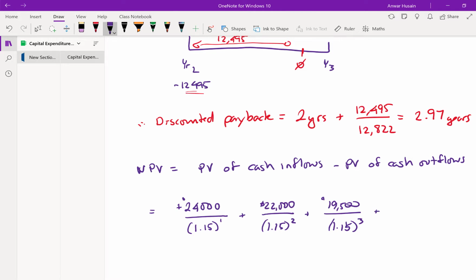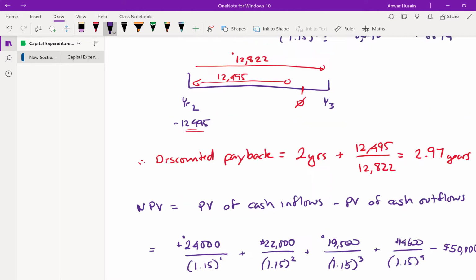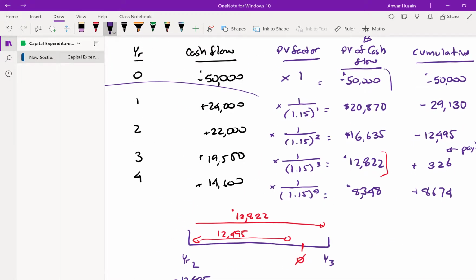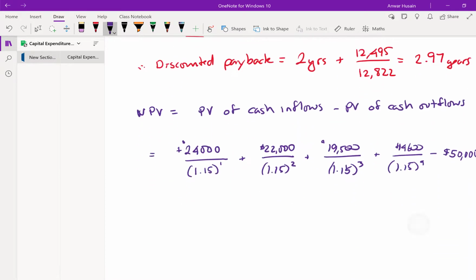And then the final year was $14,600, divided by 1.15 to the power of 4. Minus the present value of the cash outflows. Now this one is simple. The present value of the cash outflows is $50,000 negative, because that was the cash flow in year 0 right here, and that's already in today's dollars.